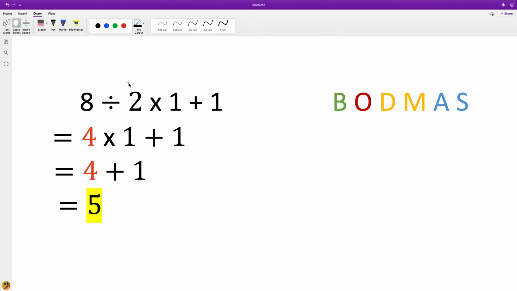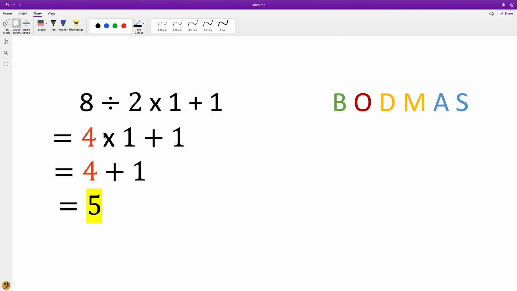And so the first line of working out is to evaluate this part of our operation. So we go 8 divided by 2, which gives us 4. And then we write out the rest of the operation, so it becomes 4 times 1 plus 1.